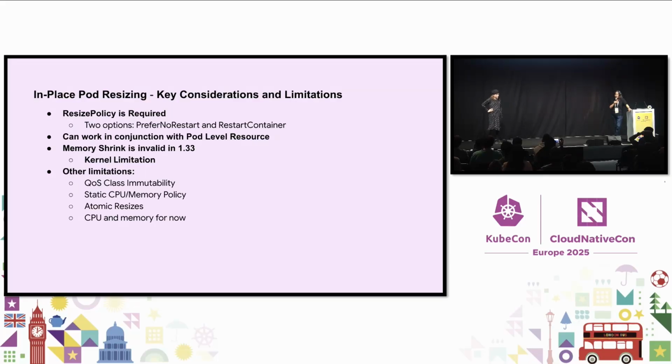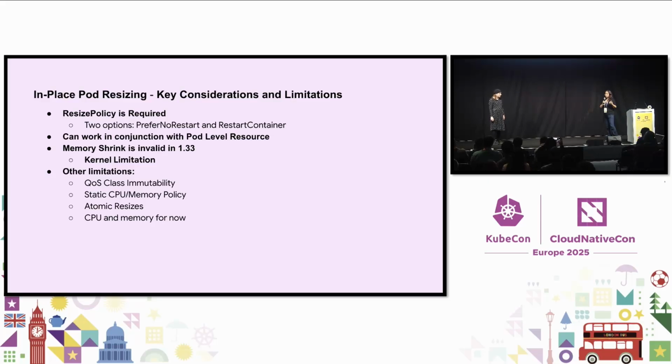So this depends on the workload and the application. In-place pod resizing actually introduces a resize policy. The two options we support today are prefer no restart, and restart container. Restart container is basically the previous default behavior, and it also integrates with the VPA.